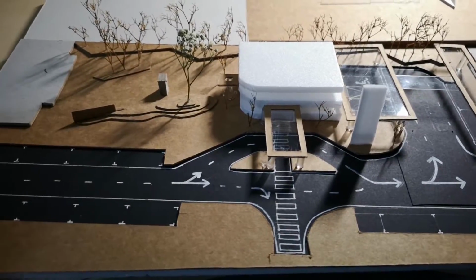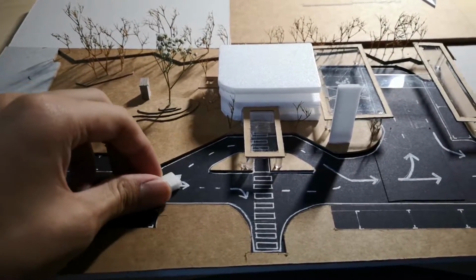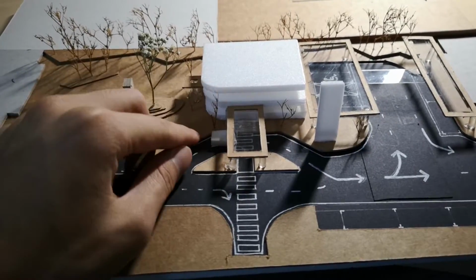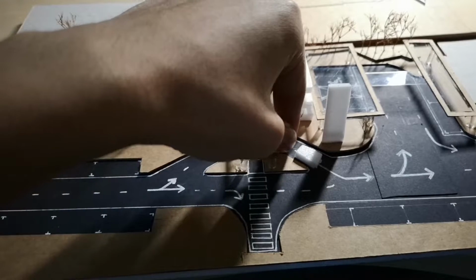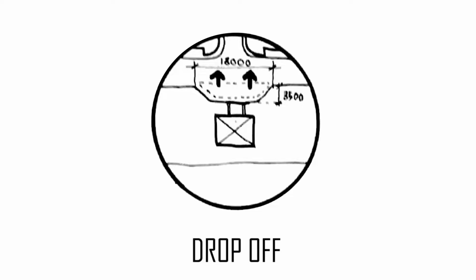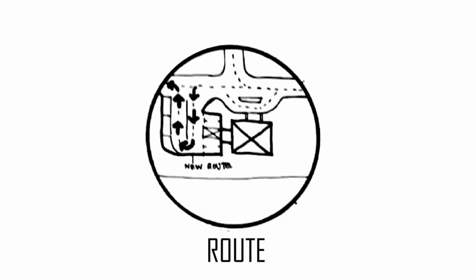So what I try to do in order to bring more people circulating around my building is to have a drop off right in front of my building, as you can see in the diagram. Right next to the drop off there's a new road coming in.